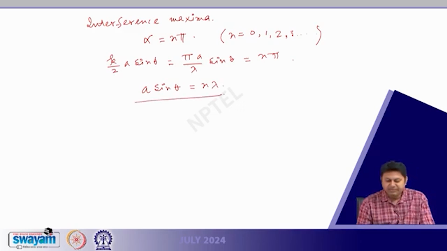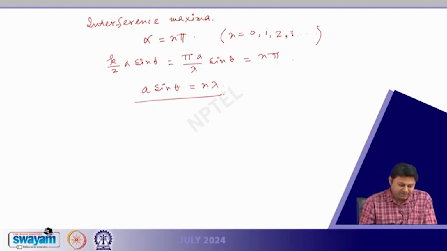The previous condition was b sin theta equals m lambda, now it is a sin theta equals n lambda. So, the condition of the missing order, that means, what is the missing order?